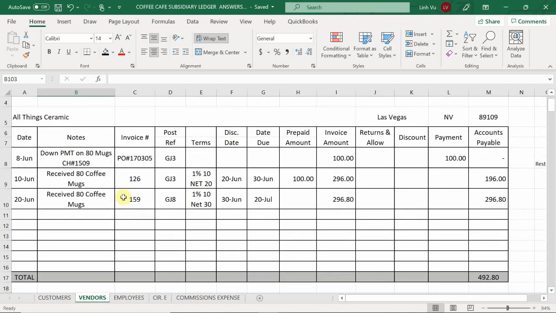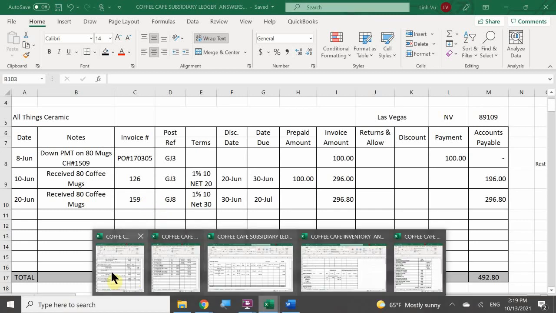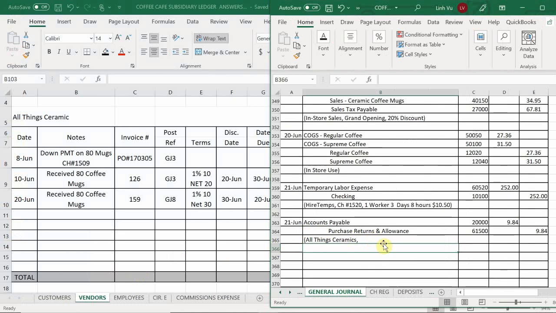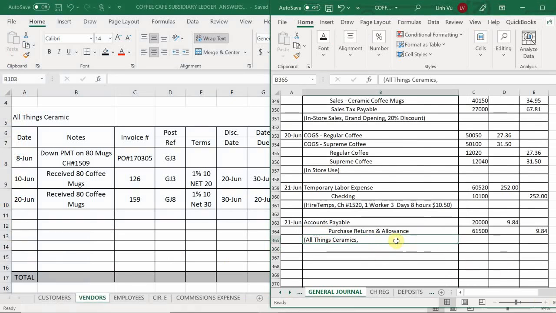It's a credit to the last invoice, which was $159. So invoice number 159 and the letter C for credit, because we're getting a credit for that invoice. So then when we make a payment to this invoice, we know how much I actually owe. Okay, so that's that.